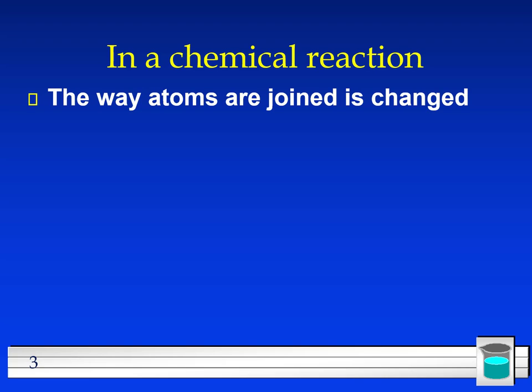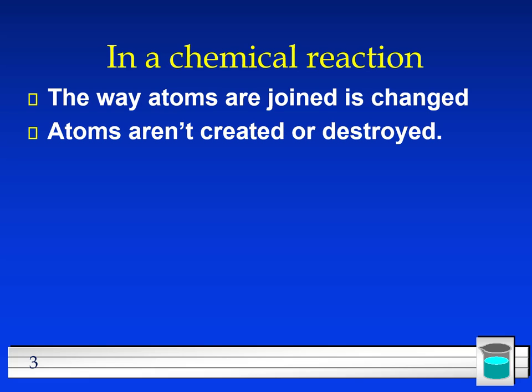The way they're joined to each other changes. The atoms are rearranged. Starts off with one partner, ends up with a different partner. What doesn't change is the total number of atoms. Atoms can't be created or destroyed because matter can't be created or destroyed.